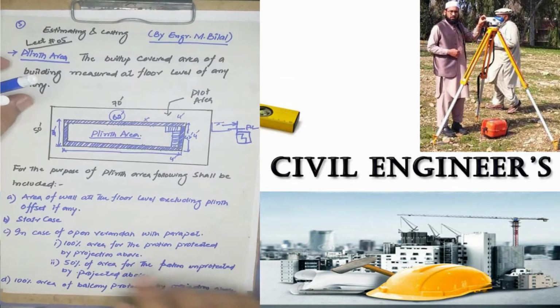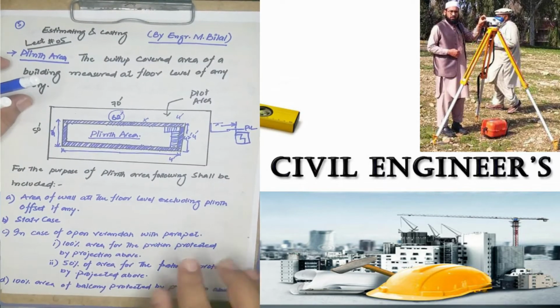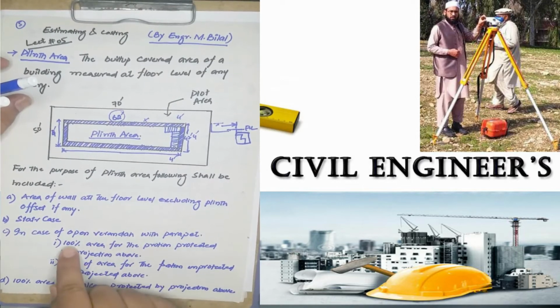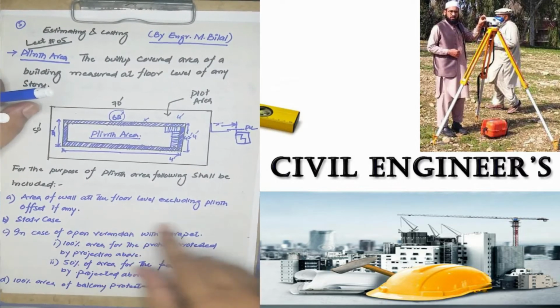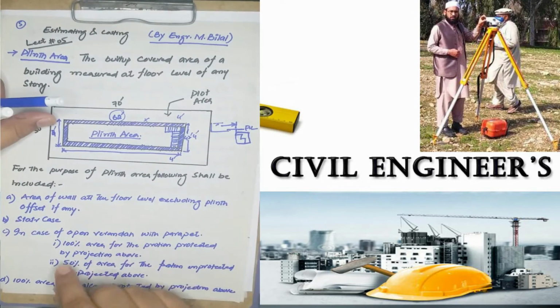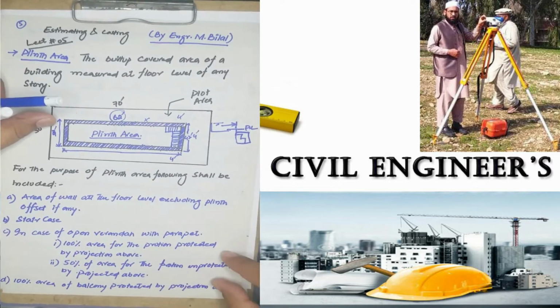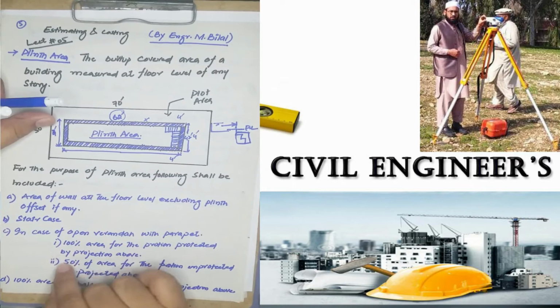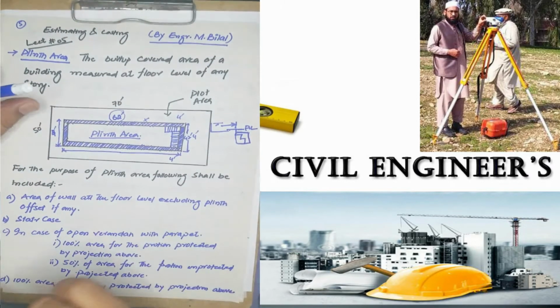So this will be included if a veranda is protected by a projection. The 100% veranda will be included in plinth area, and if the veranda is not protected by a projection, we will take 50% of the total veranda in plinth area.